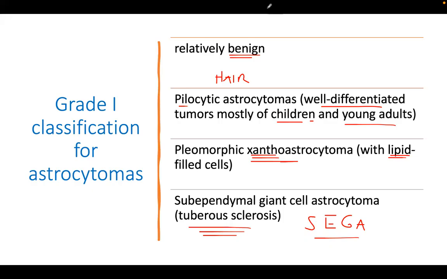You have to remember that in patients with tuberous sclerosis, aside that this is a neurocutaneous syndrome, as mentioned earlier, they also have a high chance of developing a rhabdomyoma, so a cardiac tumor. A lot of them would present also with a rhabdomyoma.